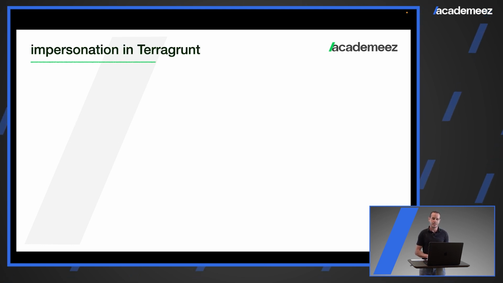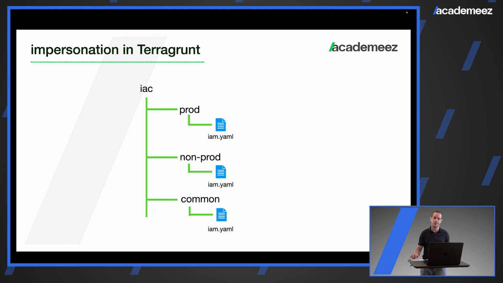So basically, this is how our project will look. If this is our infrastructure as code folder, in it we have, for example, prod, non-prod, and common, various folders that describe the different parts of an infrastructure. Inside those children folders, there will be a special file called IAM.yaml that contains the service account that we need to impersonate in order to create resources in prod.